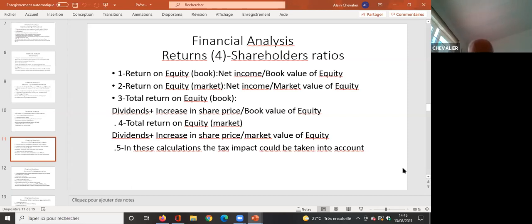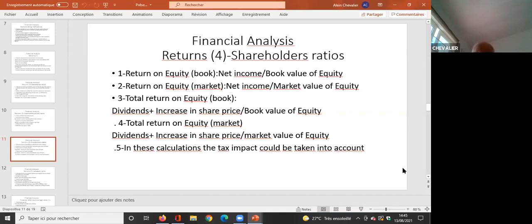So remember here, we have two different ways to analyze the returns of shareholders. The first one is based on the accounts. It's classical financial analysis. And the second one is based on cash. And the third element is that all these calculations, 1 to 4 here, are presented without taking into account the tax policy at the personal, individual, family level.